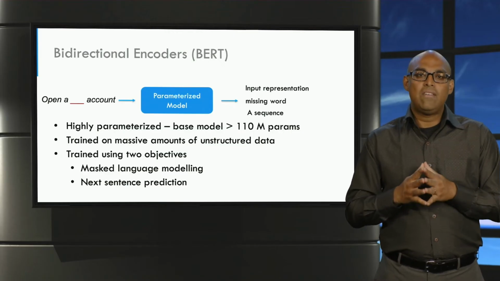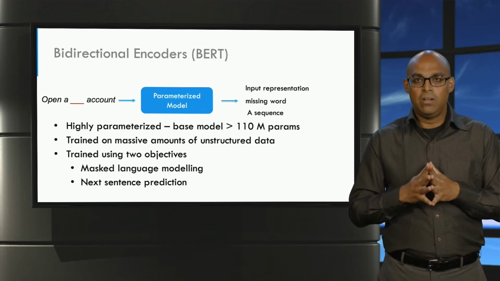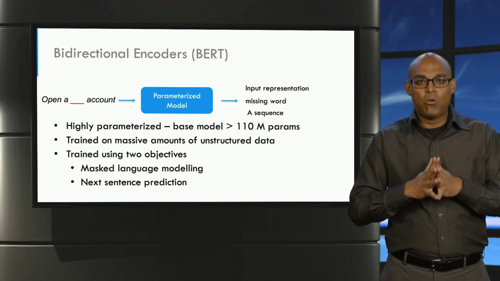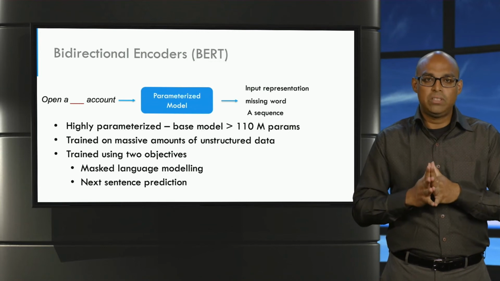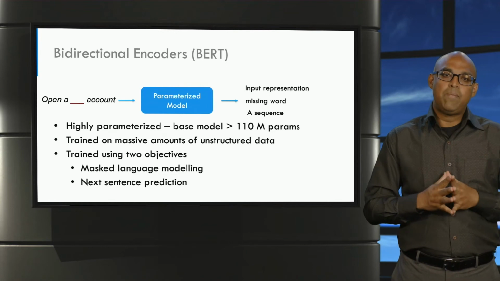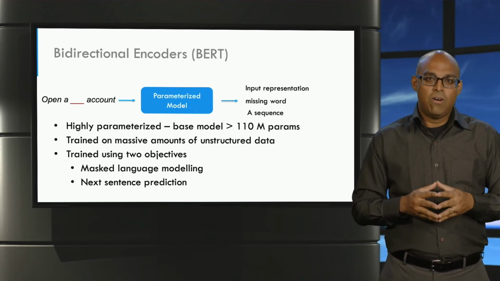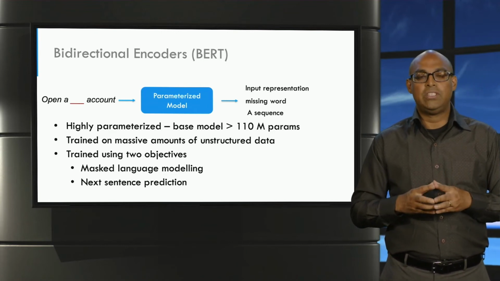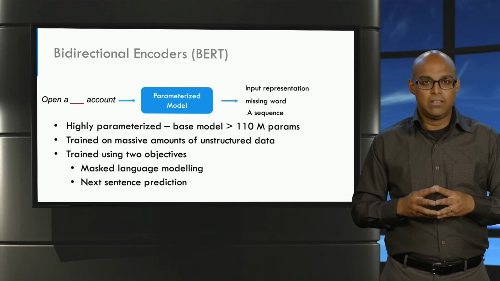We look at one of these architectures, which is called the Bidirectional Encoder Representations from Transformers, or in short, BERT. BERT has been a very popular deep learning architecture for natural language processing, which was developed by Google in 2018.